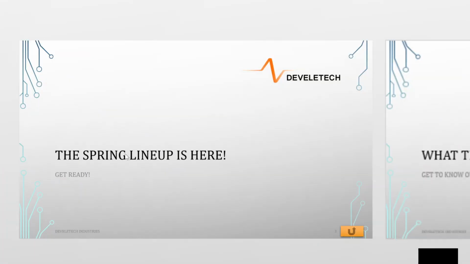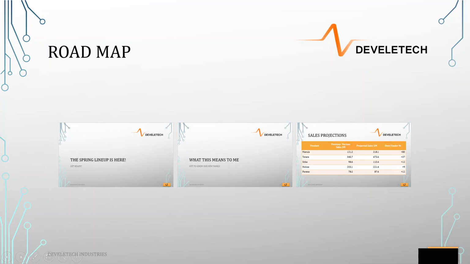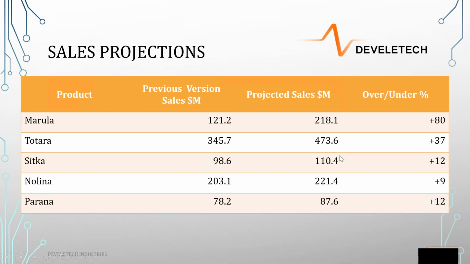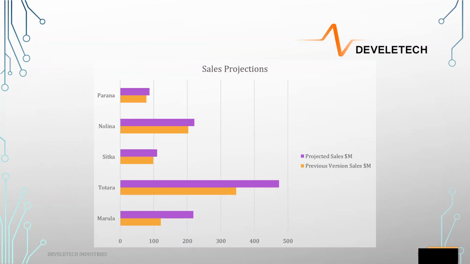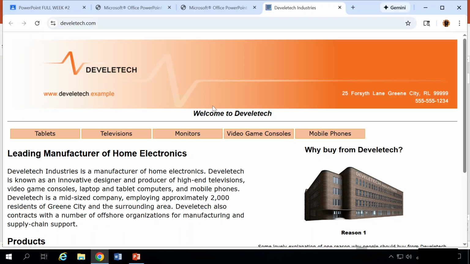If I wanted to click on the spring lineup and try it out here, you hear that whoosh. You could click on these summaries and summary zooms, and you can just view individual sections. Whoosh, whoosh, whoosh. All right, I'm going to escape out of my presentation.